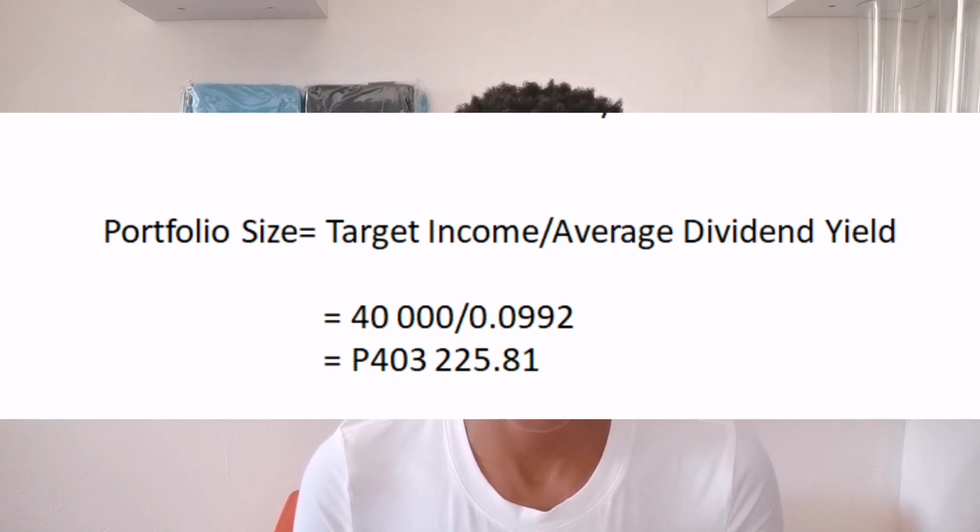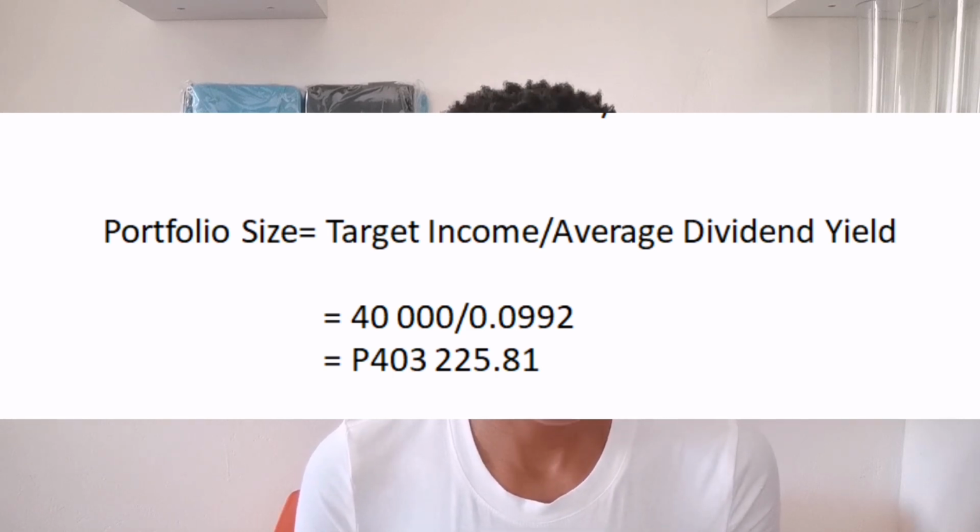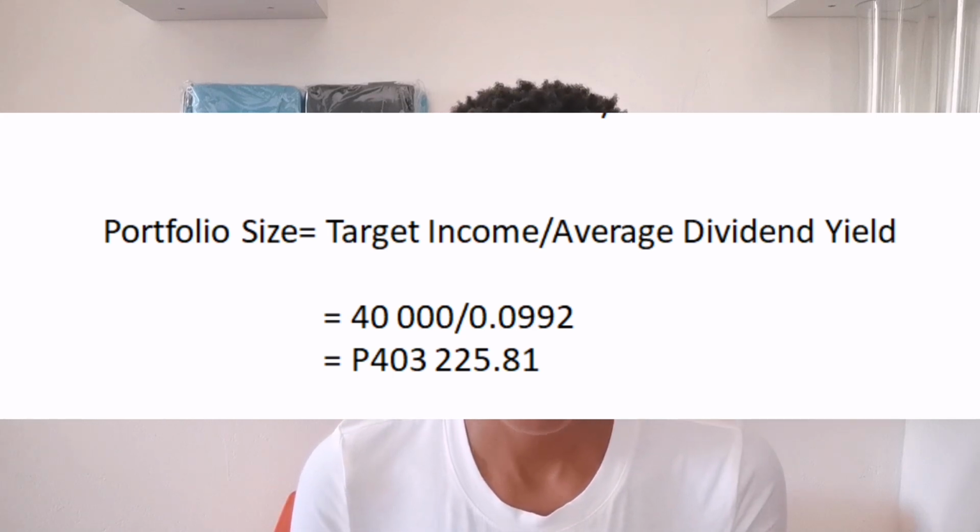This is the money that we have to invest, or the value that we have to create for us to get that 40,000 annually that we want. How much money do we need to invest? What is our portfolio size? 40,000 divided by 0.0992, we get 403,225.81. This is the portfolio size that I have to build for me to get that 40,000. So now you can see what I'm working towards. I'm not going to take my money and just start investing hoping to get somewhere.